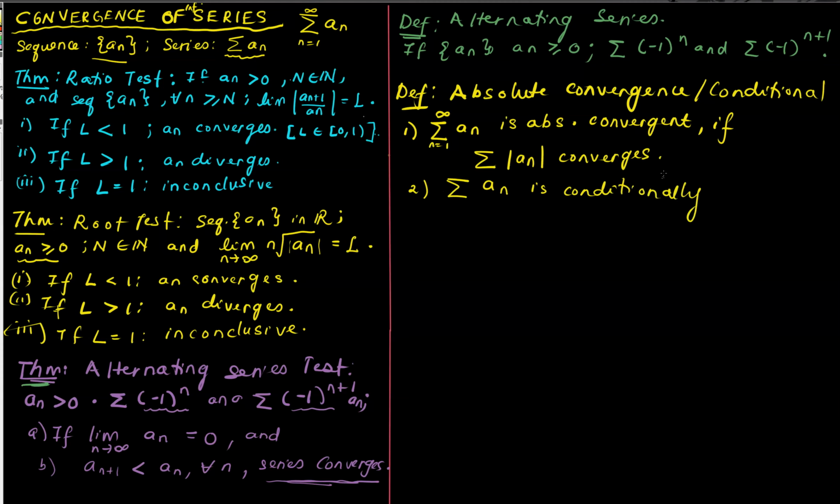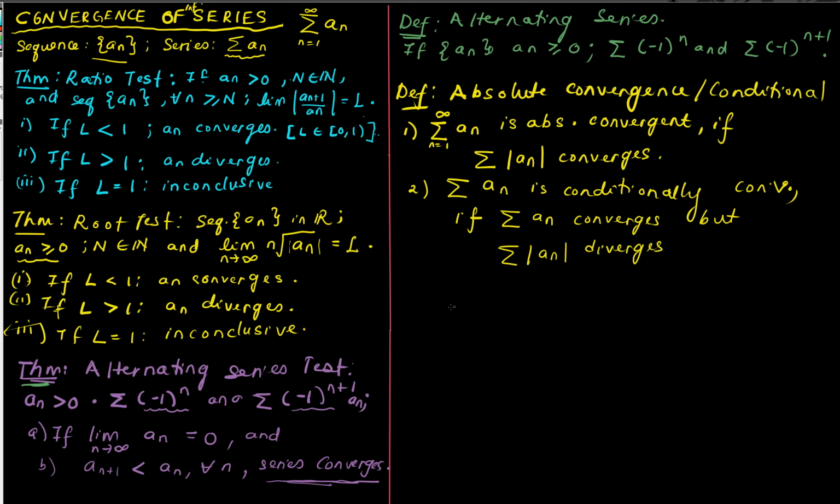For the first part, you just say the series converges, you did whatever test and it ended up convergent. Conditionally convergent has more to it than above: the summation of a sub n, the series, converges. But notice we're not talking about the absolute value of the series, just the series converges, while the absolute value series, unlike part 1 above, diverges. So it has a condition. It only converges conditionally, and that's the meaning here.